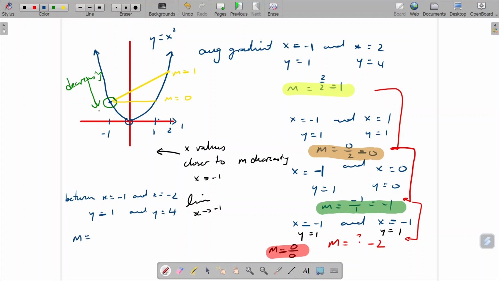The average gradient across these 2 points, which is now shown by this line, because we're now talking about m equaling -2, will now be the change in y, which is 3, over the change in x, which is -1, and so we get a value of -3.